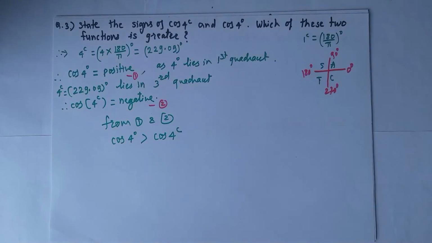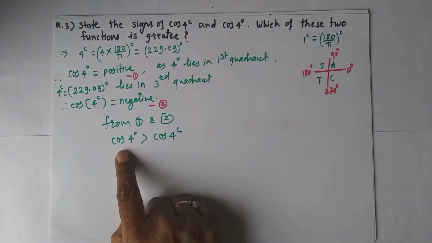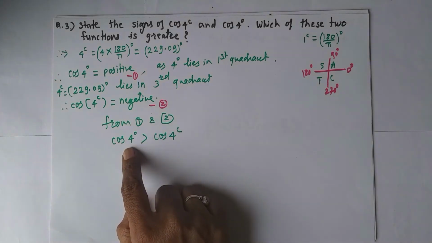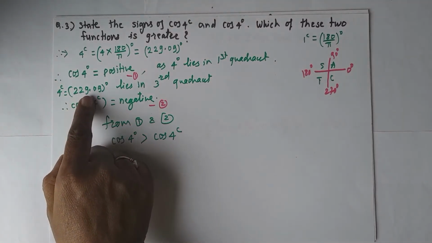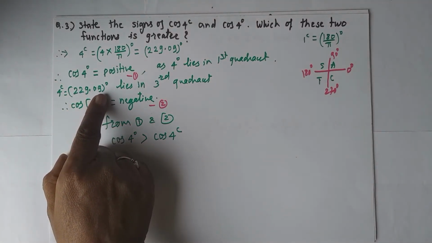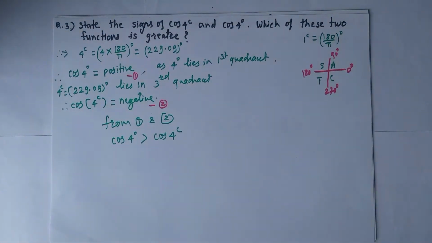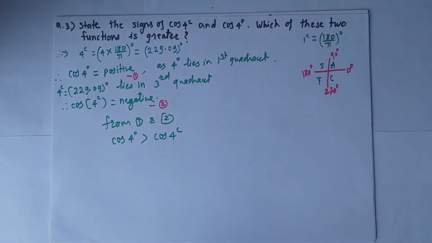Is the point clear to you? Why is cos 4 degree greater? Because this is a positive value and this is a negative value. Though 4 radians means 229.09 degree, which is greater than 4 degree, it lies in third quadrant. Therefore, the value of cos 4 degree is greater than this. Okay.